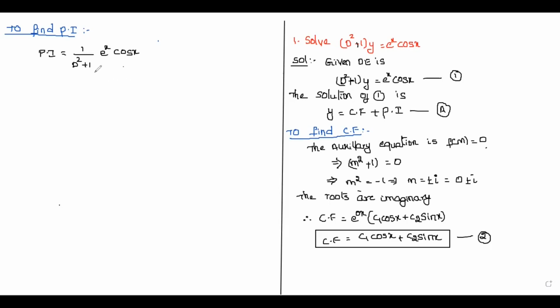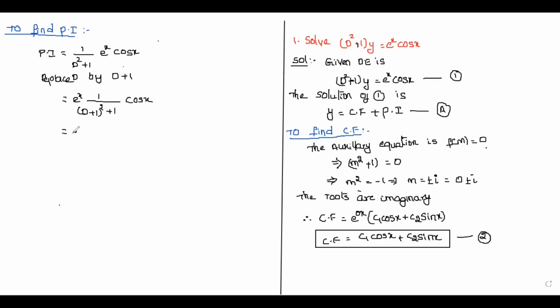As we discussed in the previous working rule, D should be replaced by D plus 1, since the coefficient of x in the exponential function is 1. So replace D by D plus 1, and get your e power x to the left hand side of 1 by D square plus 1 in the same step. So this is equal to e power x into 1 by D plus 1 whole square plus 1 into cos x.